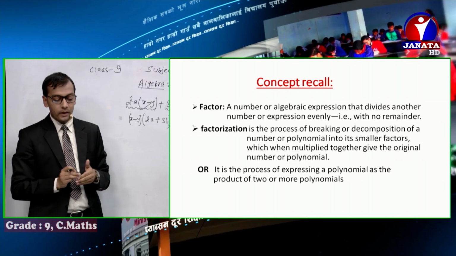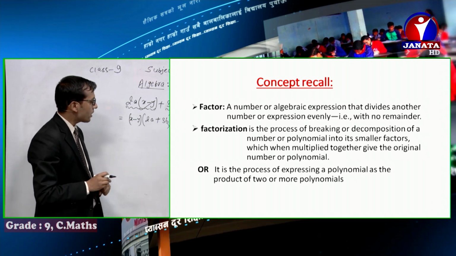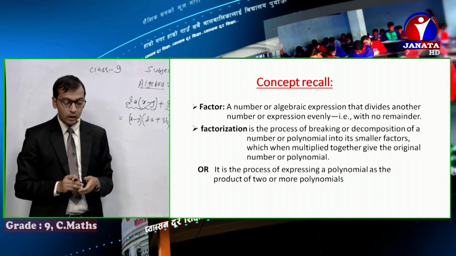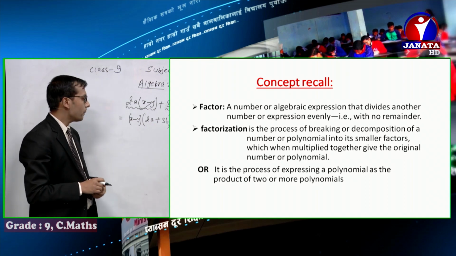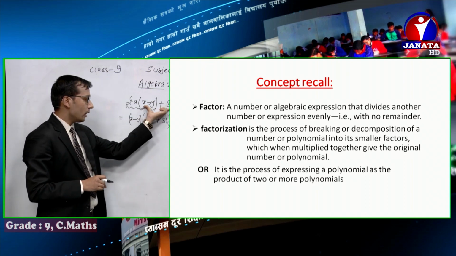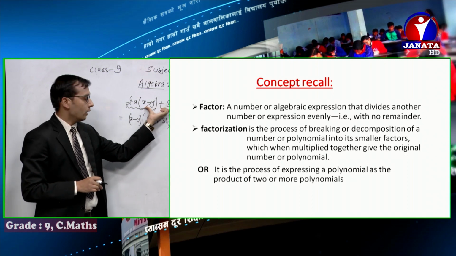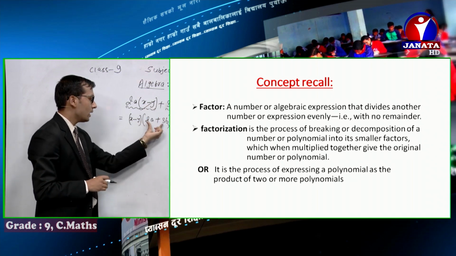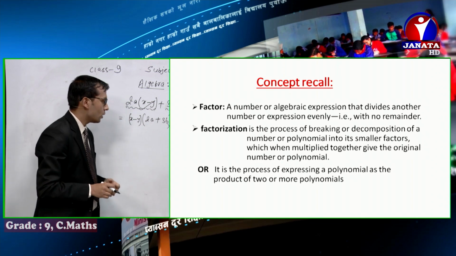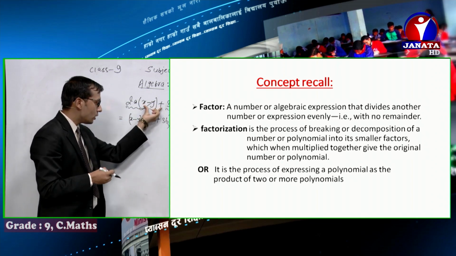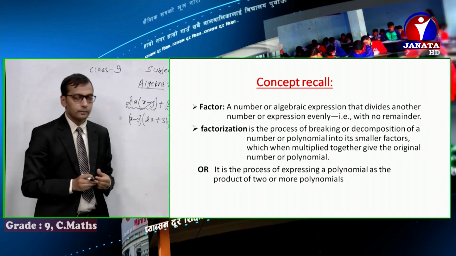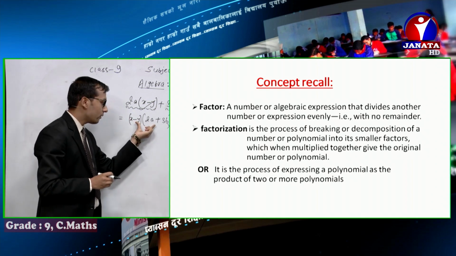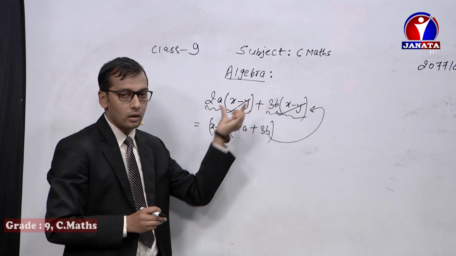It is the process of expressing a polynomial as the product of two polynomials. So here this is the original polynomial, and when we factorize this, we obtain two factors, x minus y and 2a plus 3b. So this polynomial is split into two factors in product form. When we multiply these two factors, we obtain the original polynomial.